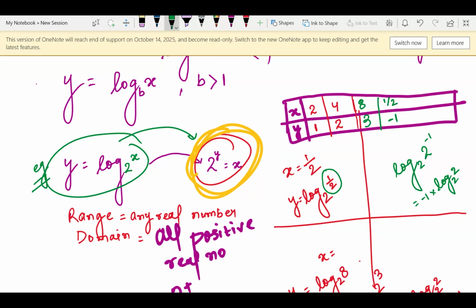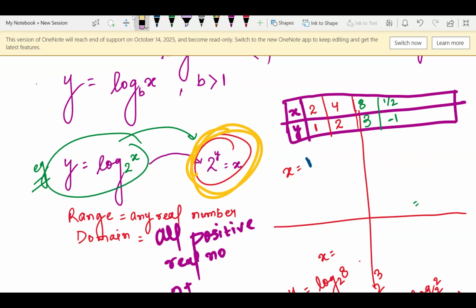Let me check what I can take. If I take x as 1, we will be having y is equal to log 1 base 2, right?